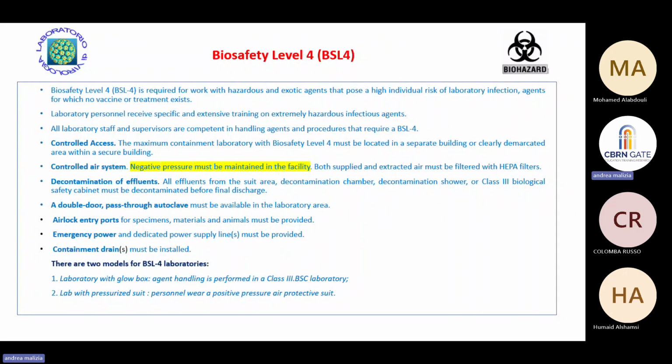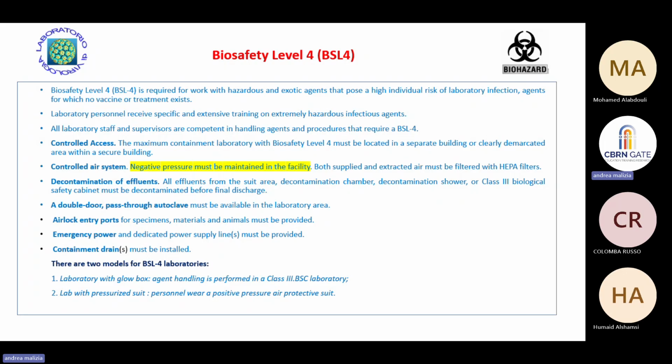A double door and pass-through autoclave must be available in the laboratory. Airlock entry points for specimens are very important. Emergency power is mandatory, because if there is a problem, there must be emergency power. Also, containing drains must be installed in the laboratory.